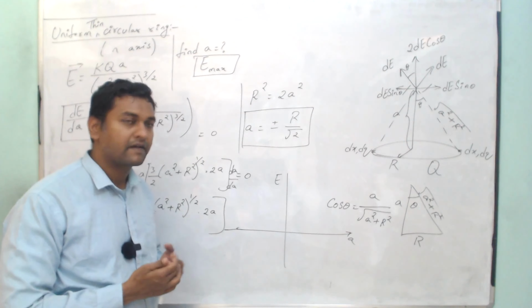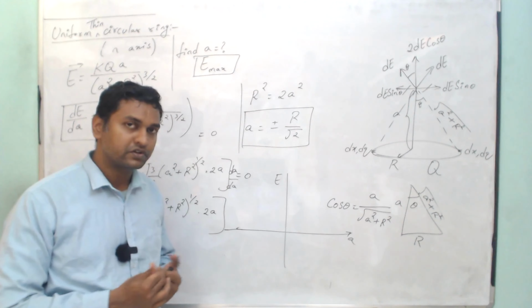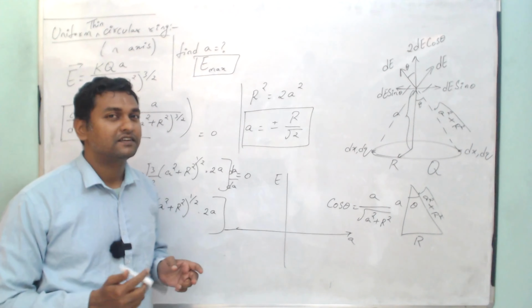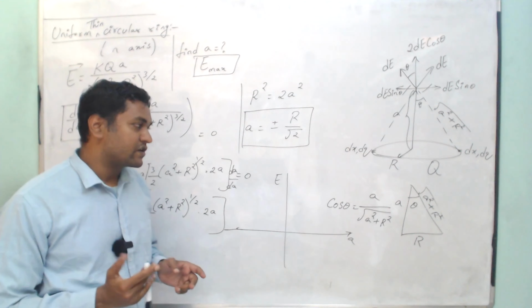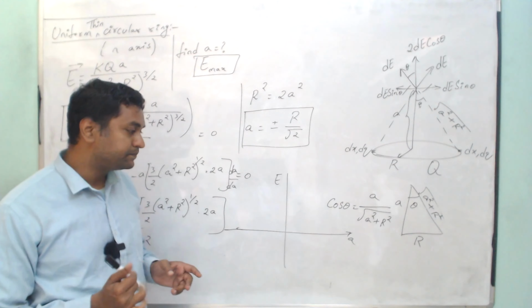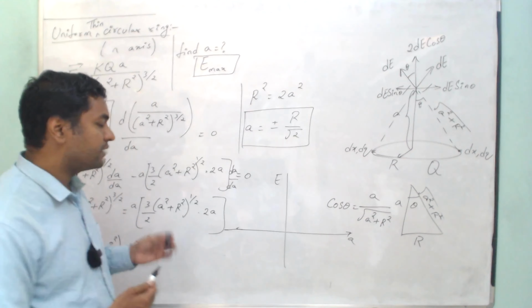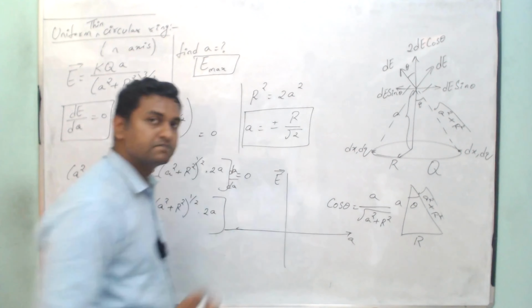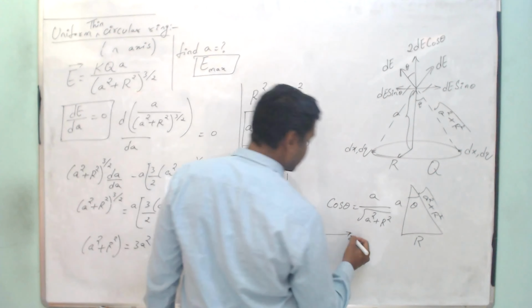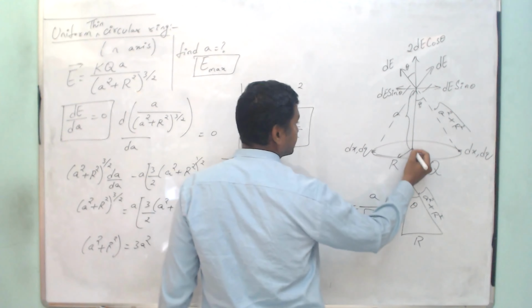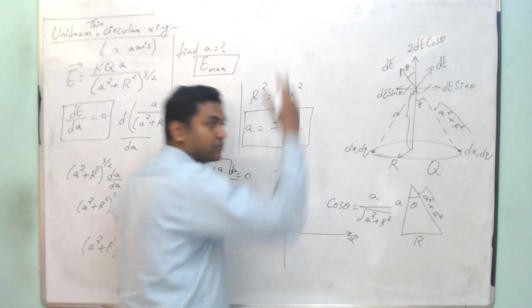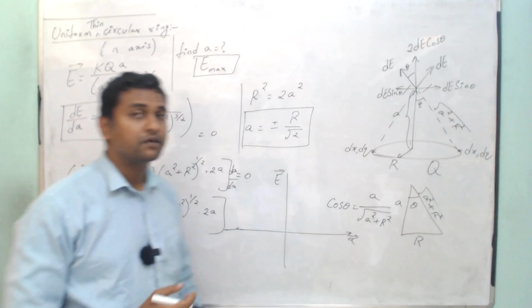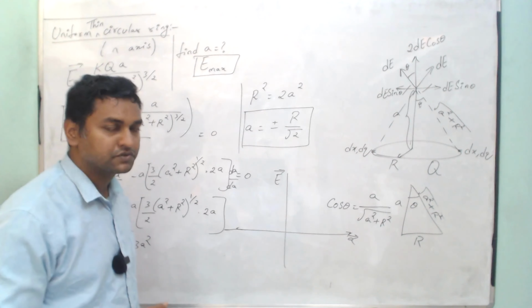Let me first explain this and then we'll see. Let us take A also as a vector. A is distance along the positive y-axis, or along the vertical line in the upward direction. Upward direction I'm taking as positive.